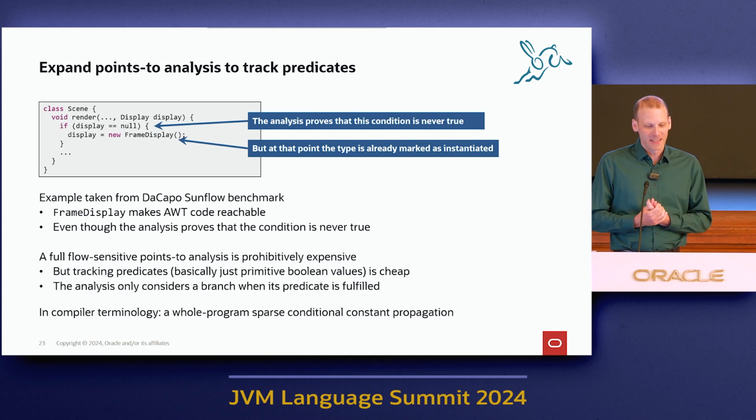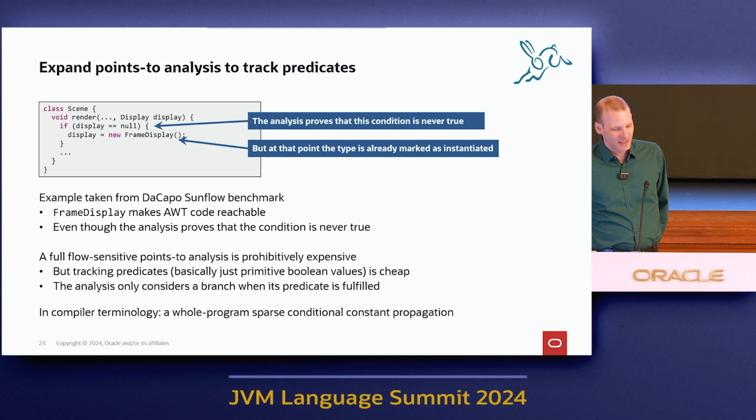So what we did is our points-to analysis now tracks predicates, and it means only after we actually saw that this display value can actually be null, only then do we go into the if block and process that. And since in our case the display variable is always non-null, we never commit this new type.